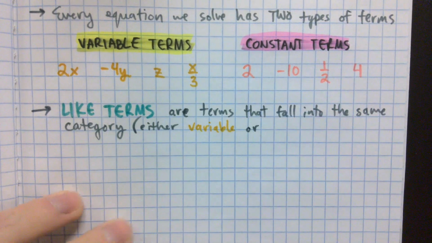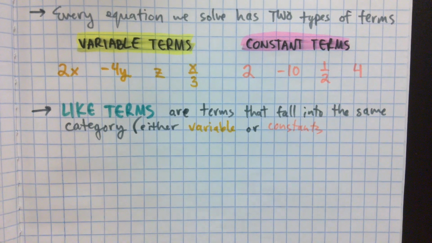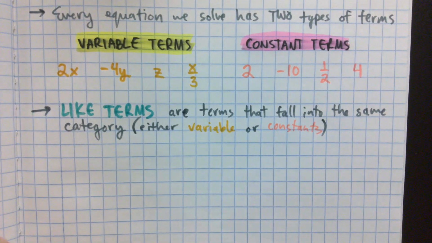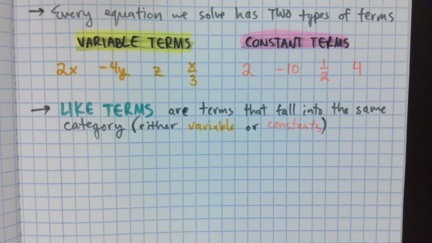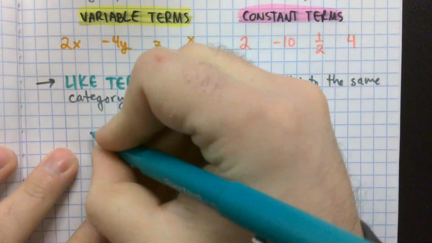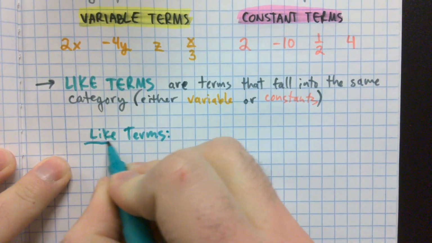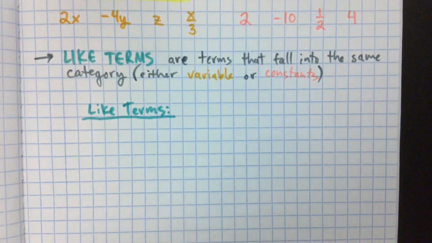Either variable or constant. Those are the only two categories we're going to deal with. Some examples of like terms.